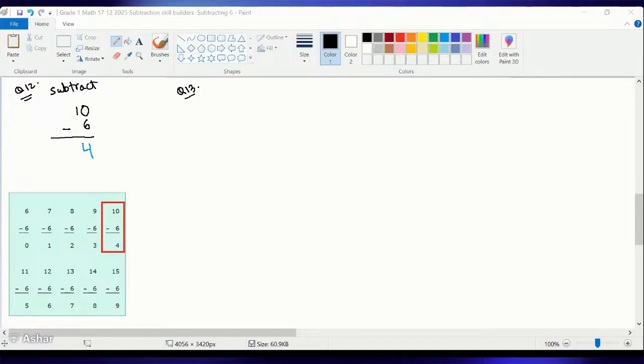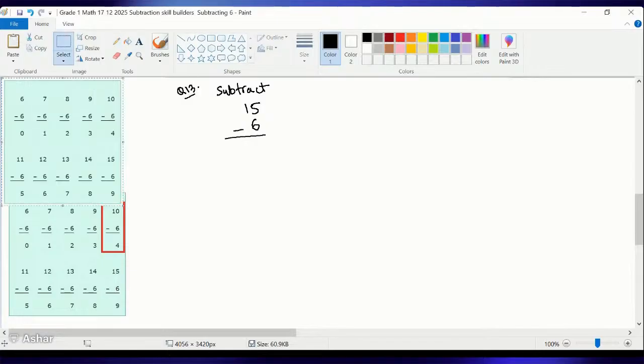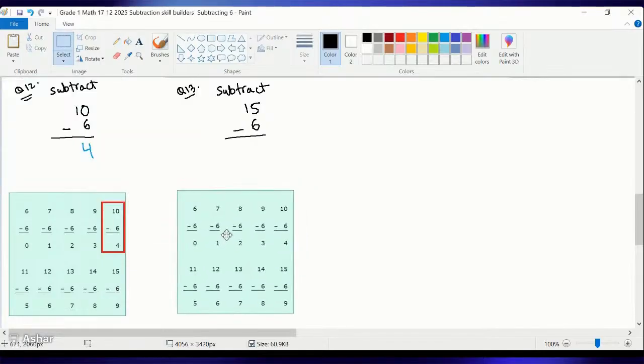The next question says 15 minus 6. Subtract 15 minus 6. So if 6 is removed from the 15, where can we find 15? The last numerical value.